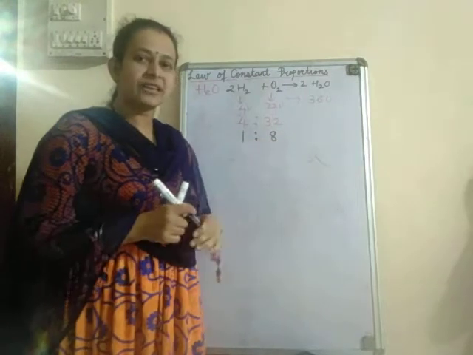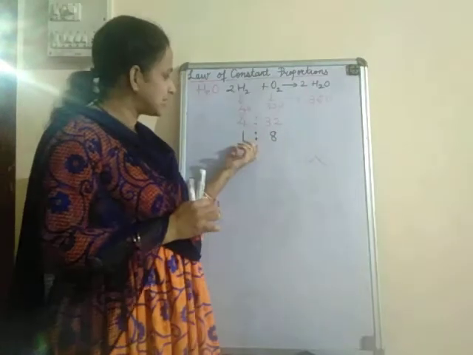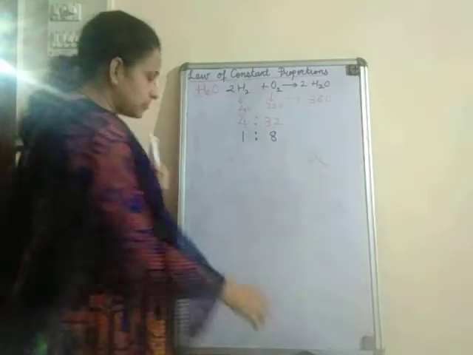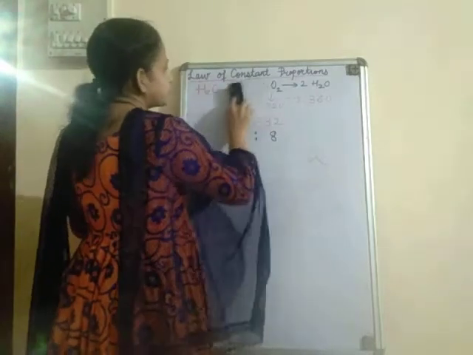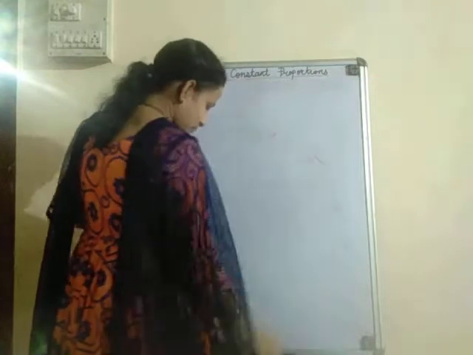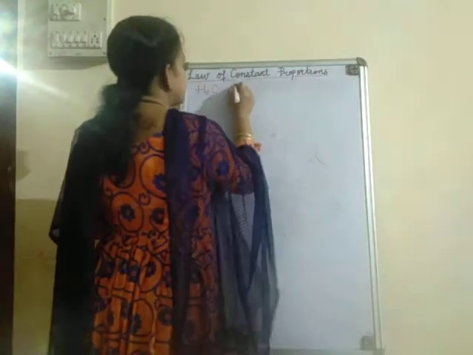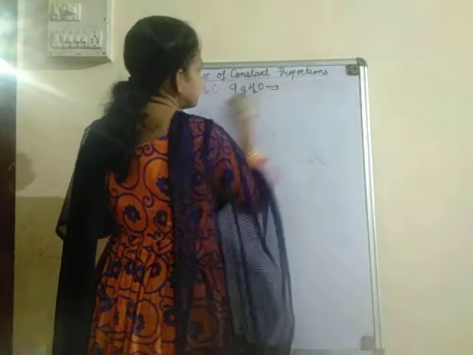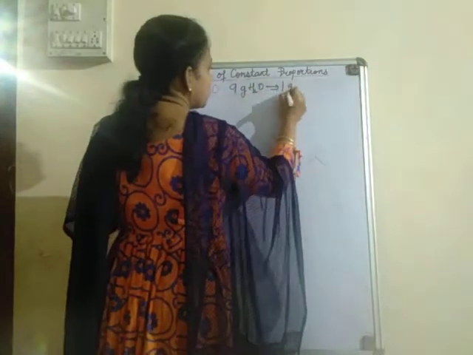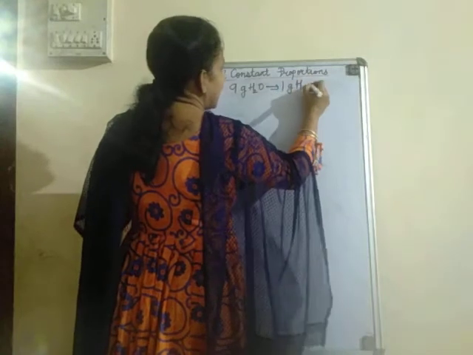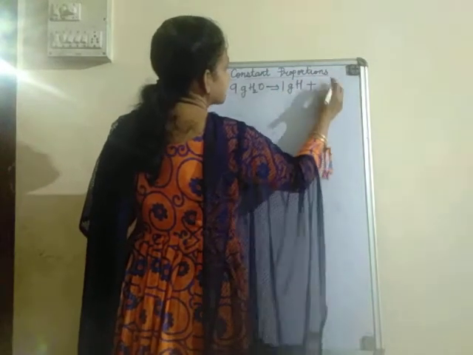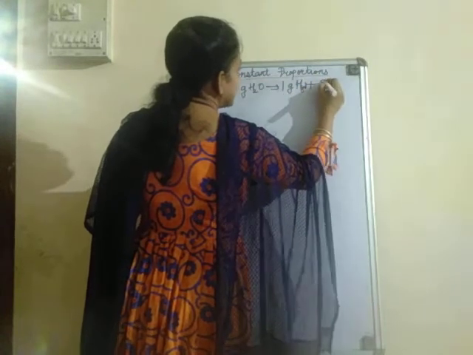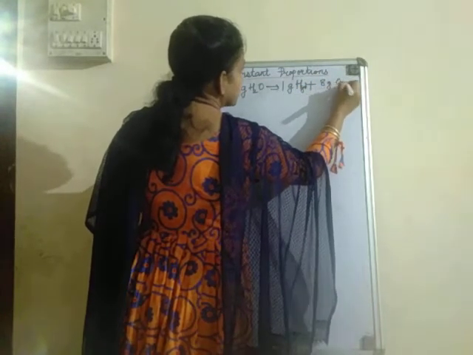Now let me give you certain examples regarding these masses, that is 1:8. Suppose we take 9 grams of water. It means simply that it contains 1 gram of hydrogen and 8 grams of oxygen.